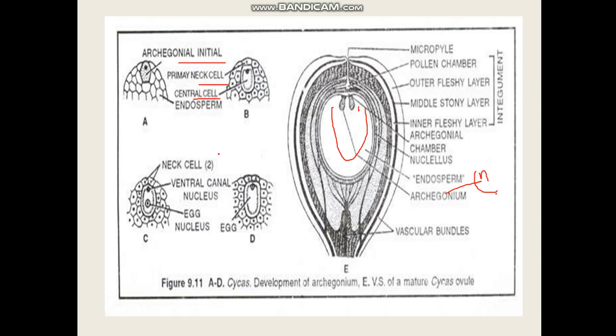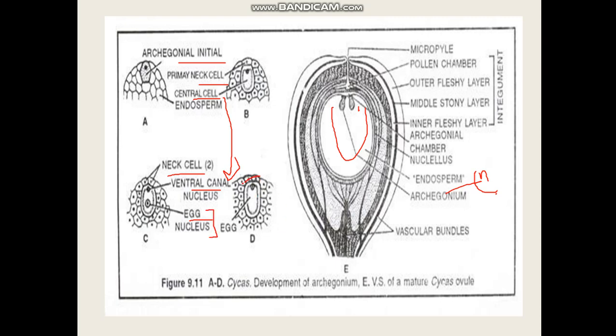This primary neck cell will again divide into two and form neck cells, and this central cell will divide into two. The nucleus of this central cell divides into the ventral canal nucleus and the egg nucleus. The ventral canal nucleus, in further stages, disorganizes, and only the egg nucleus remains in the cell.